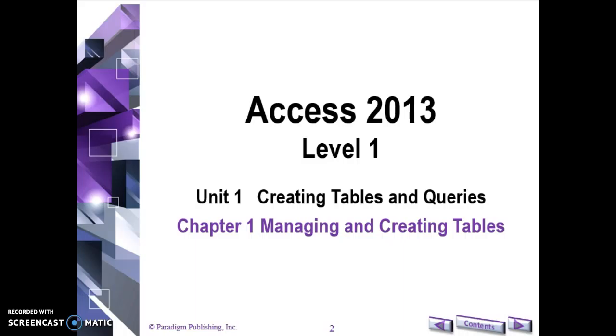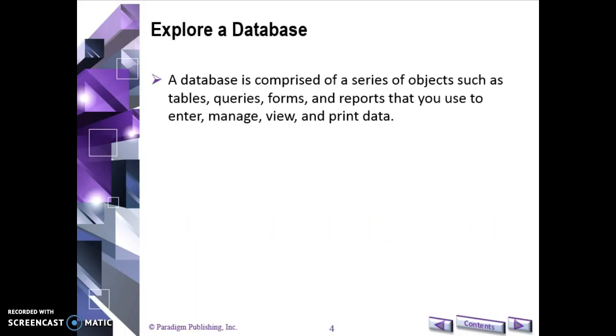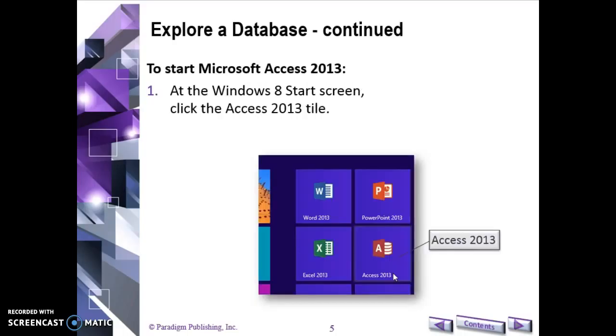This first chapter is going to walk you through the exploration of the database. It's going to start by showing you how to actually get into Access on your computer. Now, if you've got Windows 8 and you can't find that Access 2013 tile, use that little magnifying glass.